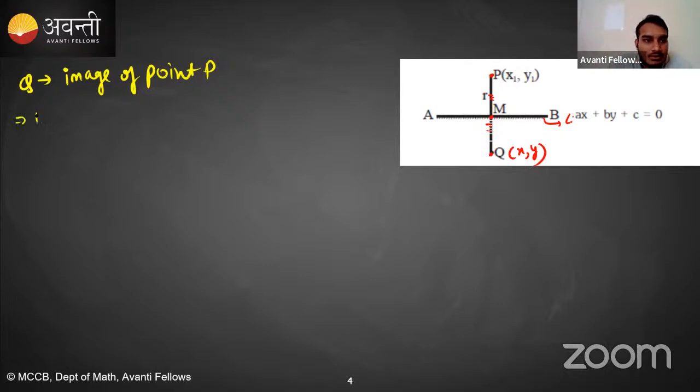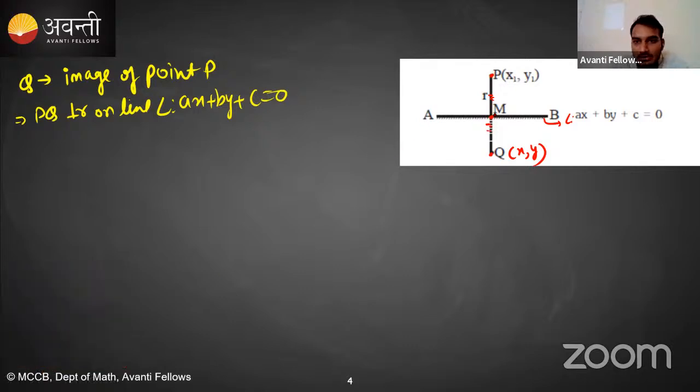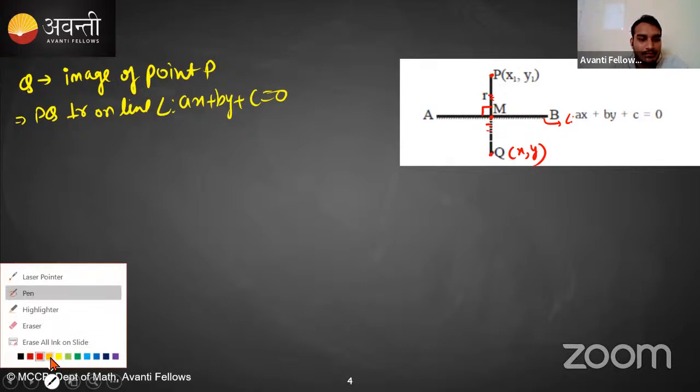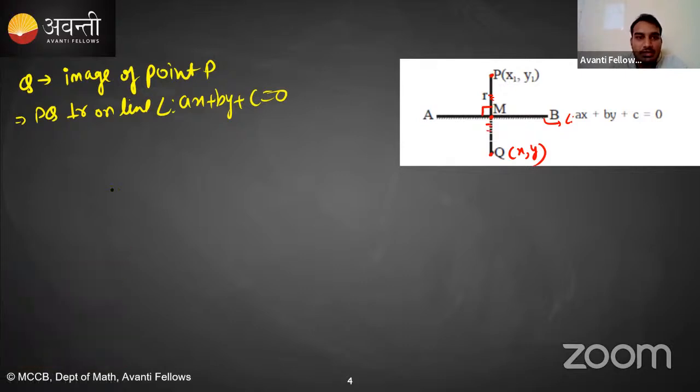So PQ is perpendicular to line L, which is ax plus by plus c is equal to 0. Clear? So far clear?